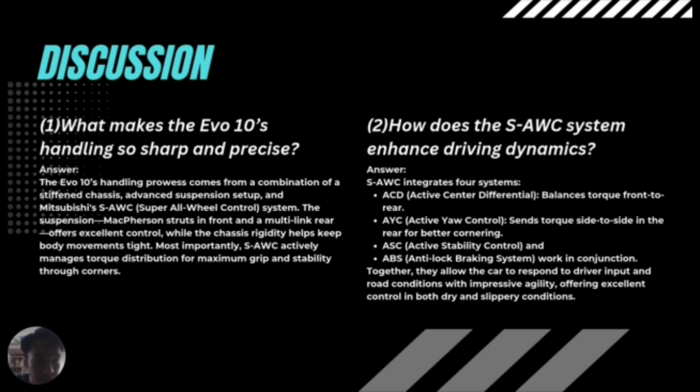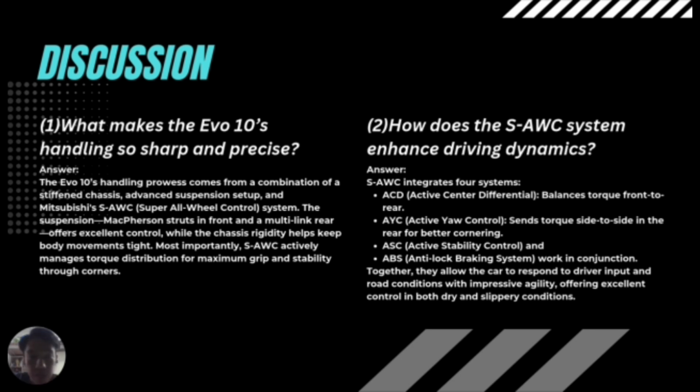The McPherson strut suspension in front and a multi-link rear offer excellent control, while the chassis rigidity helps keep body movement tight. Most importantly, SAWC actively manages torque distribution for maximum grip and stability through corners.